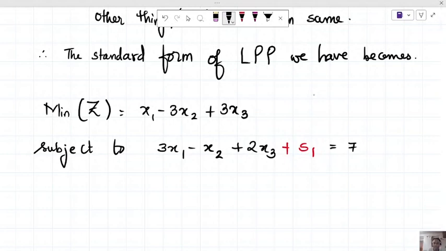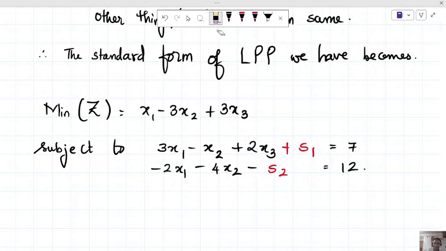Now the next one, when we take the negative sign on the other side, in order to make it again equal to 12, we will add another variable, so it is 2x1 minus 4x2 plus another variable s2. So this will become equal to 12.